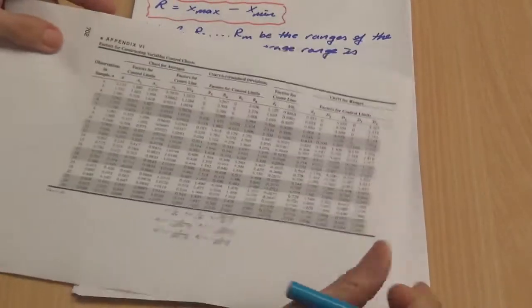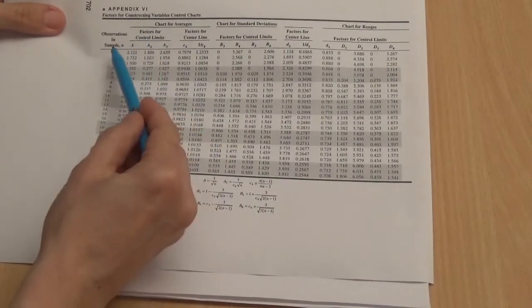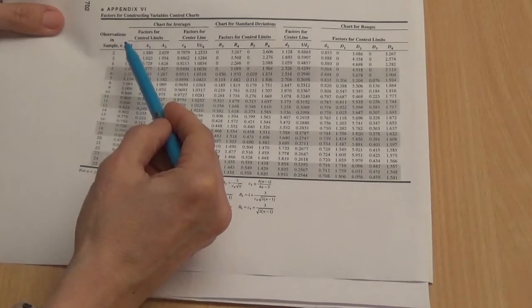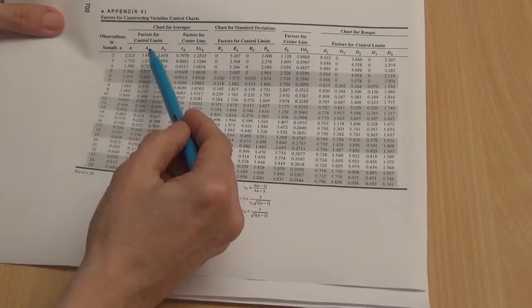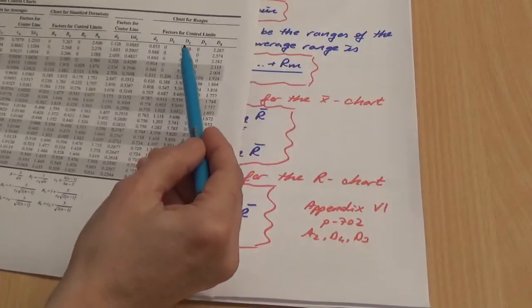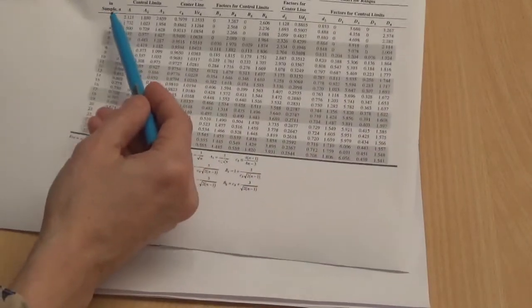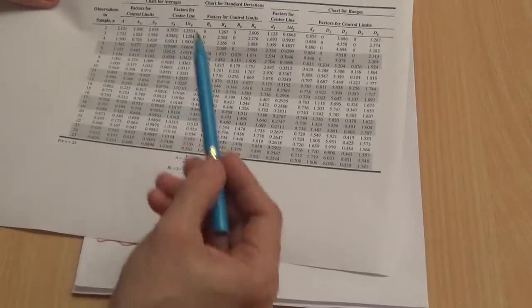So in Appendix 6, we see that on the very left column, we see the sample numbers, and these numbers A2, C4, D3, D4 are changing according to the sample numbers. So how many samples are we taking?